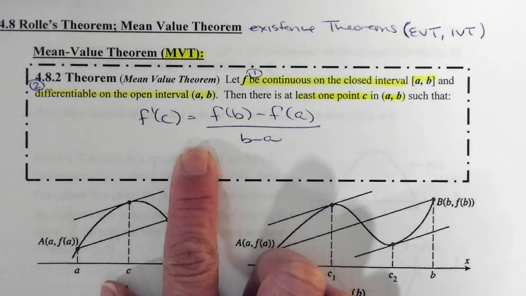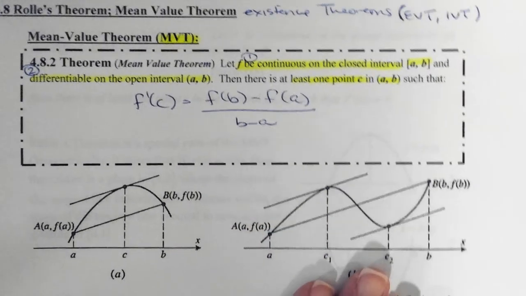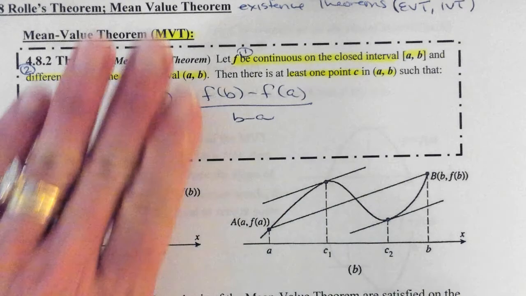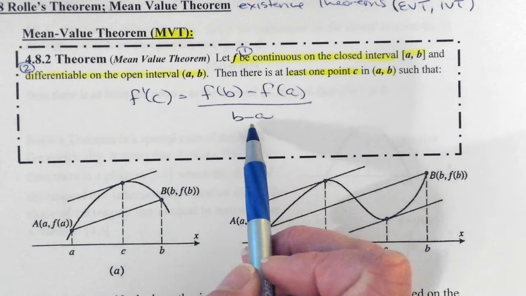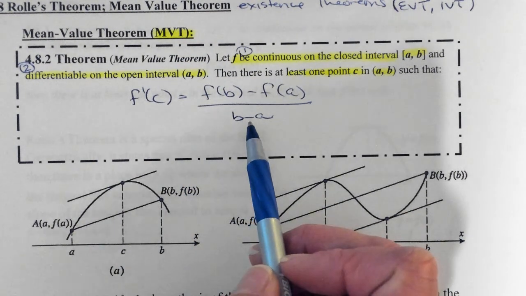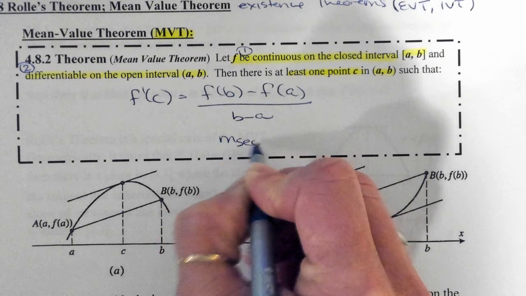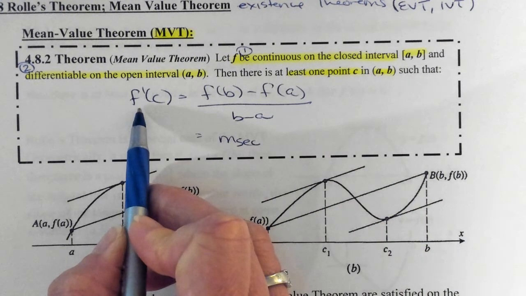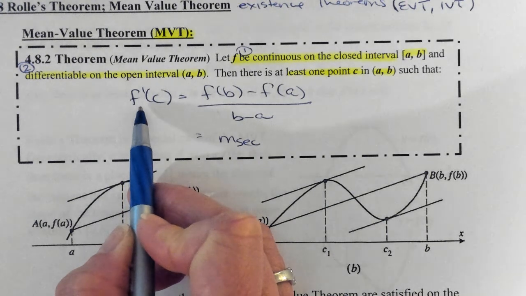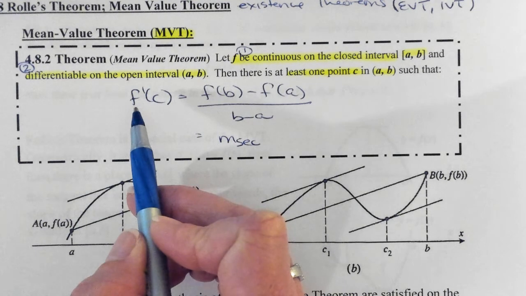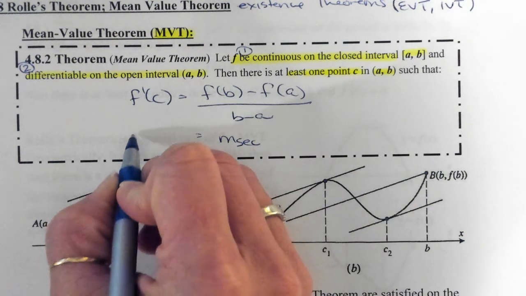So this really isn't plain English, right? If you only knew a little bit about calculus, what is this? Forget about this part right here. What is this? Yeah, it's the slope of the secant line. So then what's this? F prime of C. Okay, what is it more specifically though? Thank you. The slope of the tangent line.